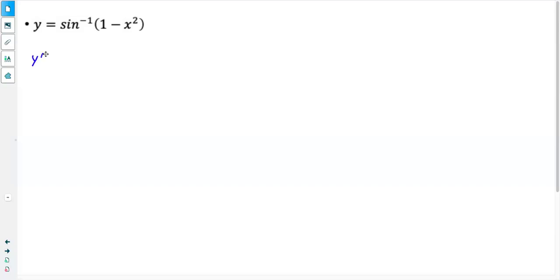Our derivative of the inverse of sine is 1 over the square root of 1 minus what we had here, and then squared. So 1 minus x squared, squared. And then that's going to be multiplied by the derivative of 1 minus x squared.